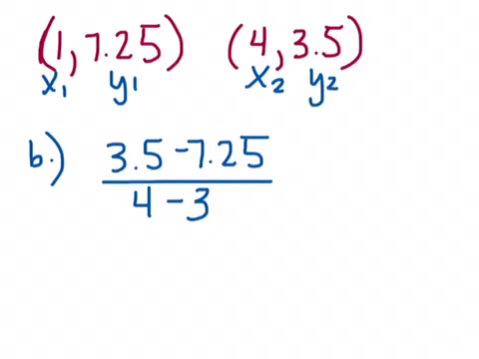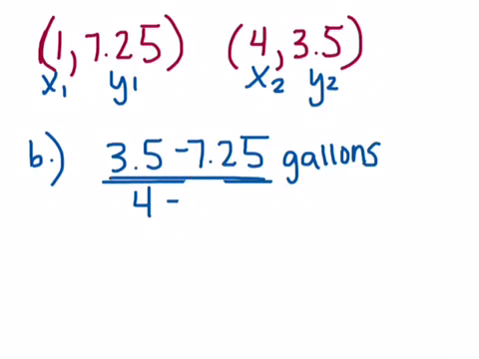On top, our 3.5 and 7.25, those are gallons. Oh, I'm sorry, that should not be a 3 on the bottom there. That should be a 1. I got ahead of myself. So we should have 4 minus 1, and in the bottom there, those are hours.